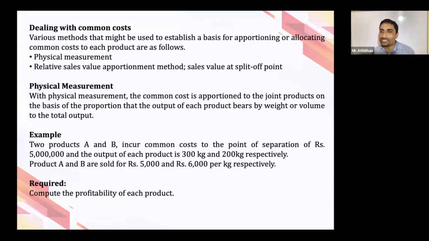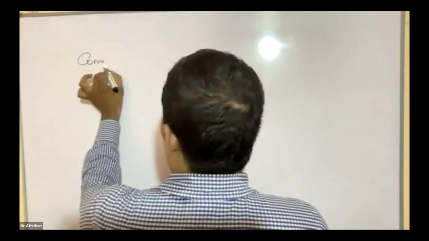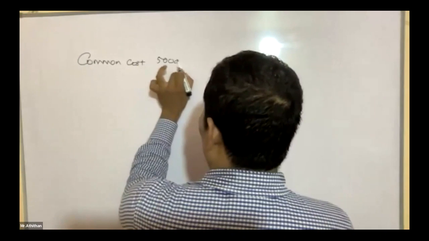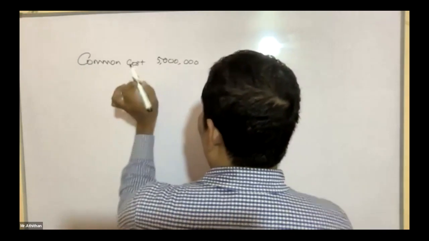We are not sure whether it's joint product or by product, so we need to compare two products A and B. Incur common cost to the point of separation rupees 5 million, right? So common cost is 5 million.